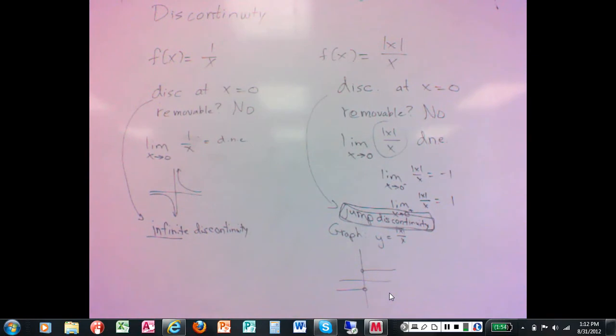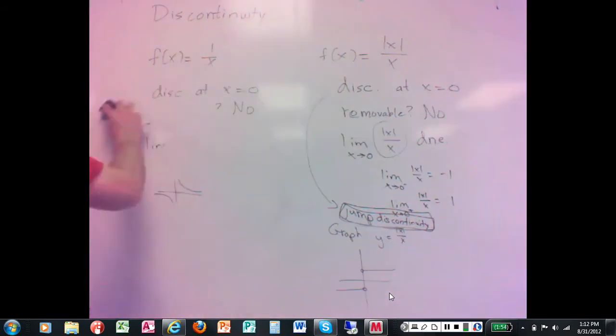and then also talk about the one-sided continuity also.